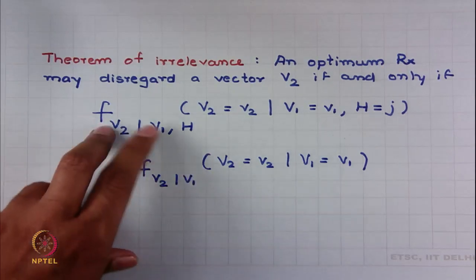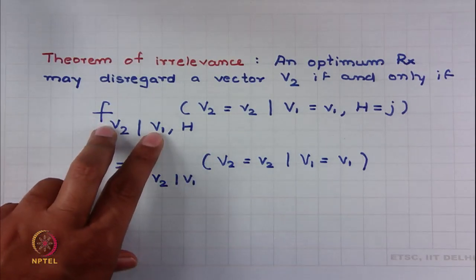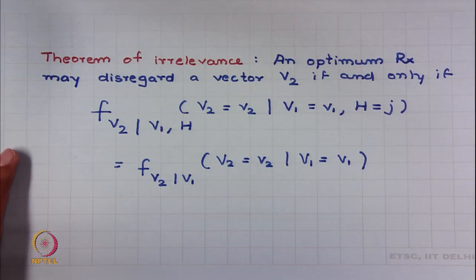That means this is independent of H, and then the receiver may disregard this vector V2, and this is the theorem of irrelevance. This theorem of irrelevance will help us to prove things precisely, and that is why we are using it. So, to understand this theorem of irrelevance, let us look at 3 examples.